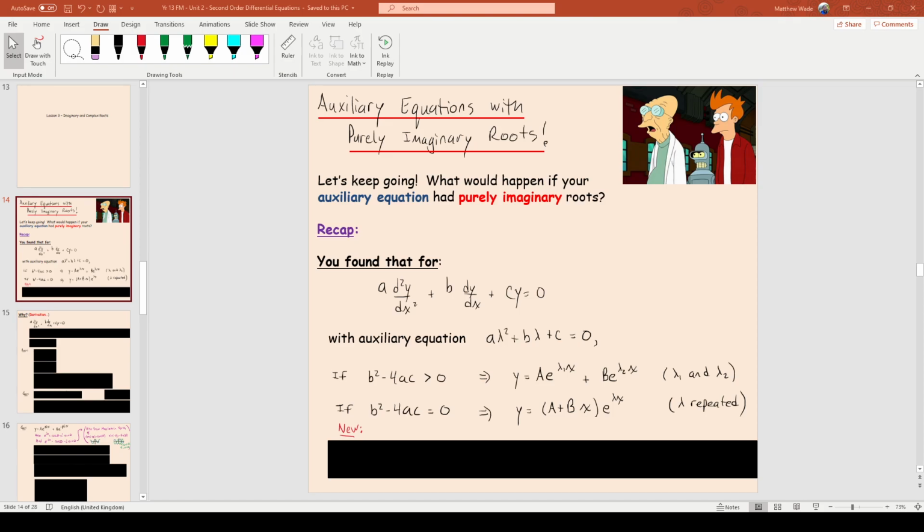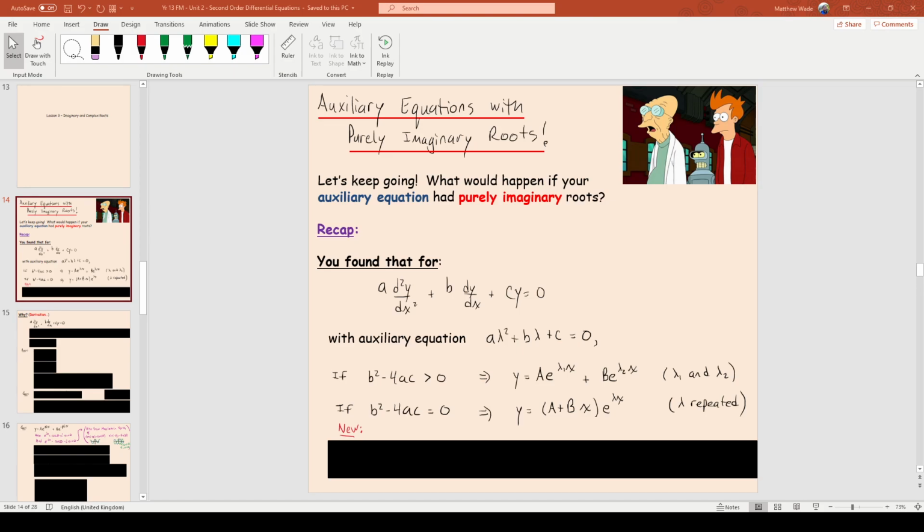When we did that, here's what we discovered. If the discriminant was positive, we would have two solutions, lambda 1 and lambda 2, and this is what the general form looked like. Almost the same as the general form of the first order ones. The two lambda values just came from the two roots of the auxiliary equation.